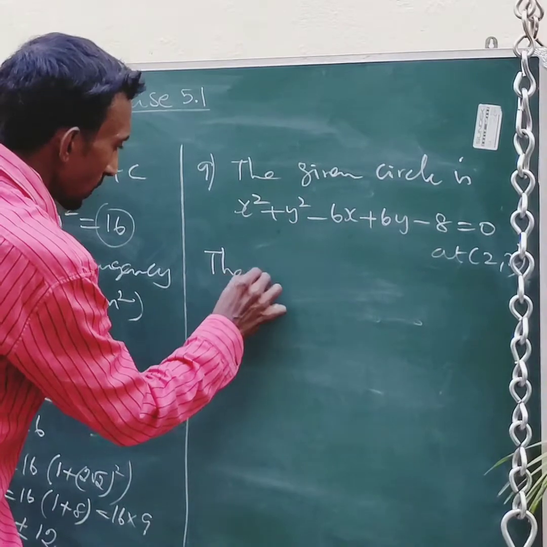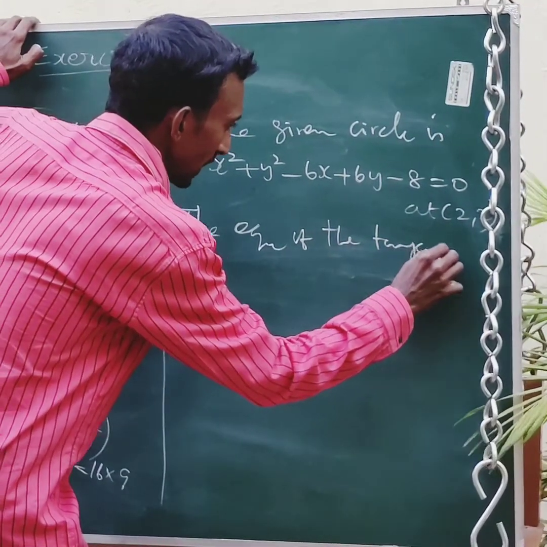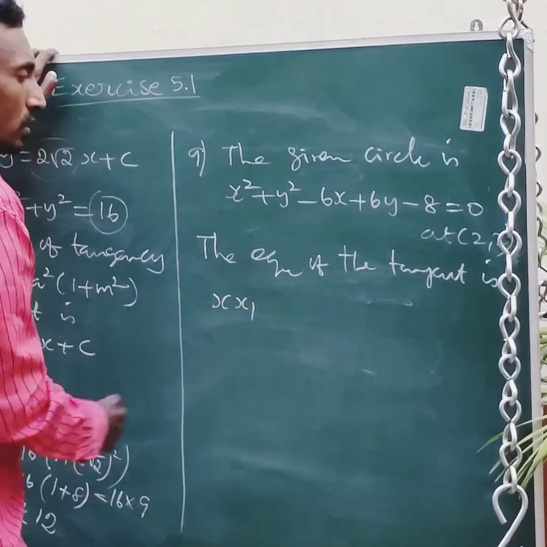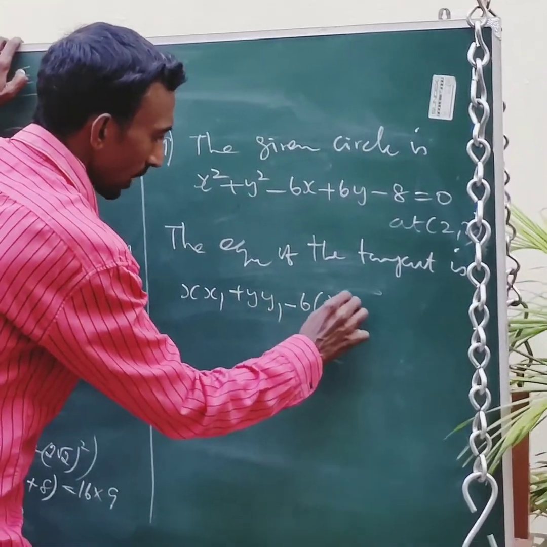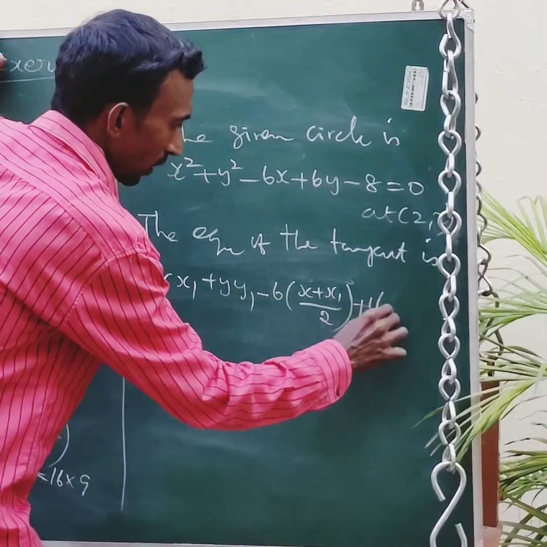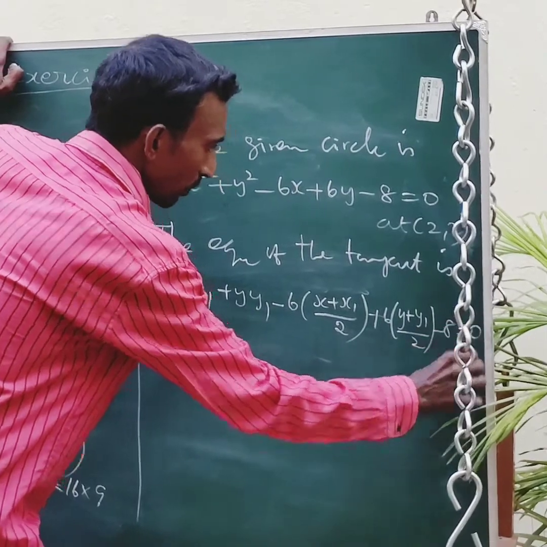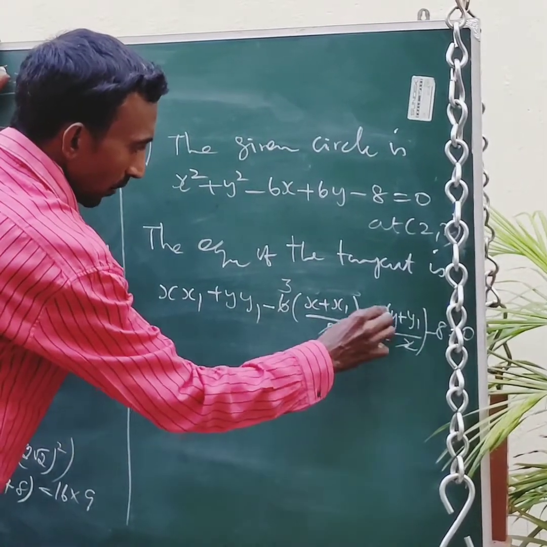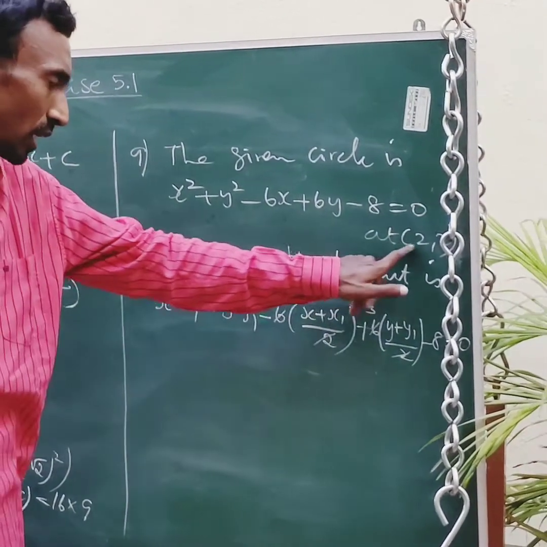So the equation of the tangent is: replace x square by xx1, y square by yy1, x by x plus x1 by 2 and y by y plus y1 by 2. That's all. Now x1, y1 is nothing but (2, 2).